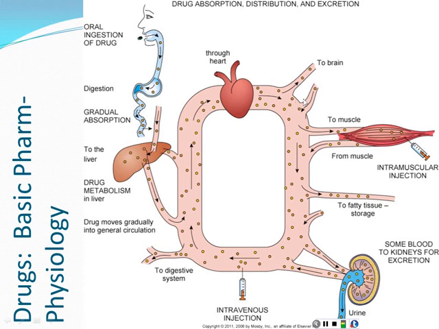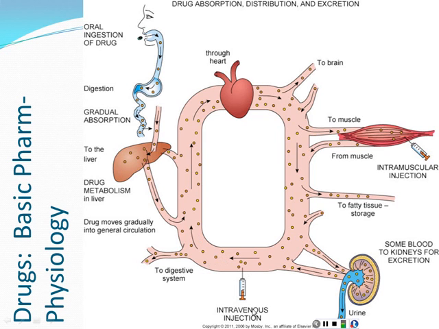Other routes of administration: intramuscular injection eventually gets into the bloodstream as it leaks out of the interstitial fluid in the muscle into the blood. Intravenous injection assures absorption. In other words, it's going to get into the blood because you're putting it right into the blood.